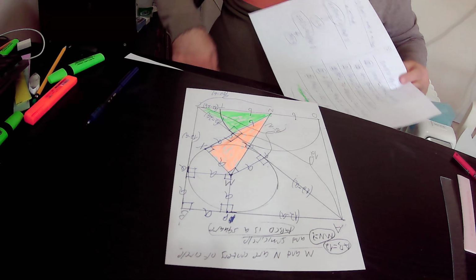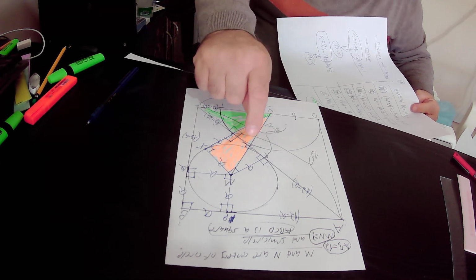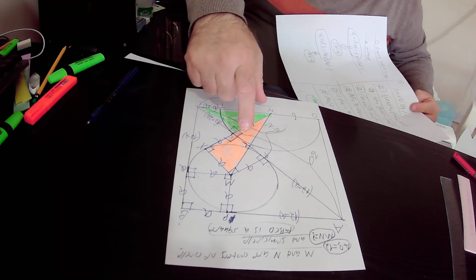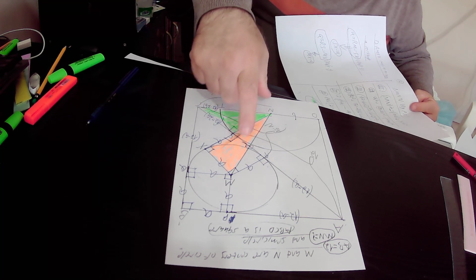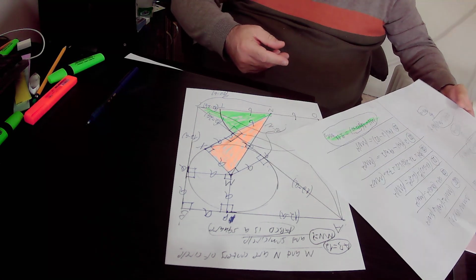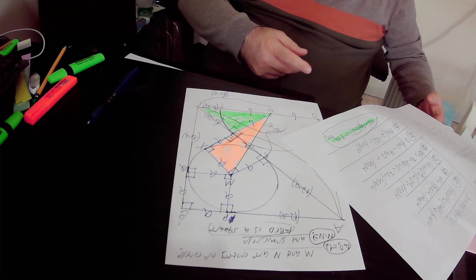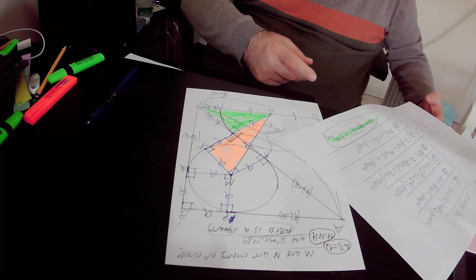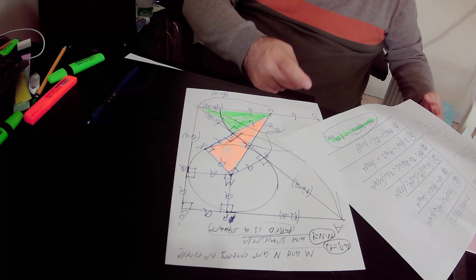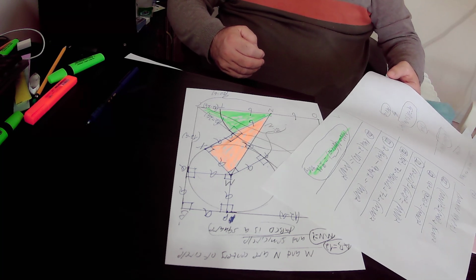I'll repeat again: the distance between the centers of the semicircle and the circle, that is the length MN, is equal to 12 times the square root of 2 minus square root of 2, or in terms of numbers, 9.18 units. Okay? Thank you very much.